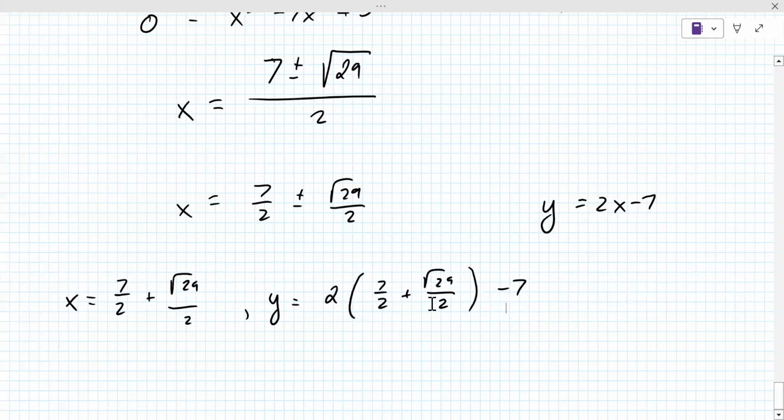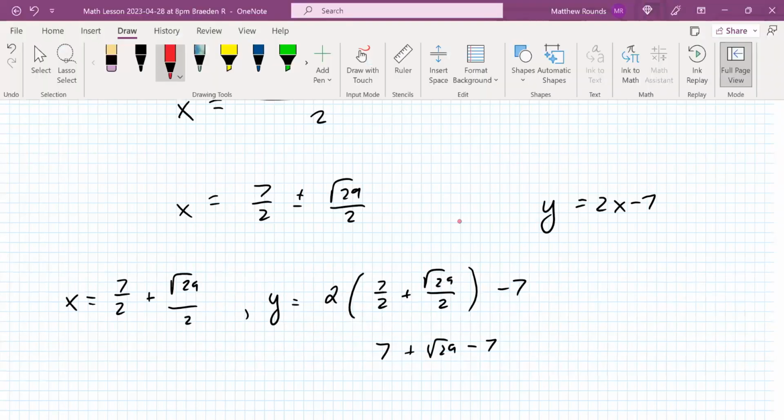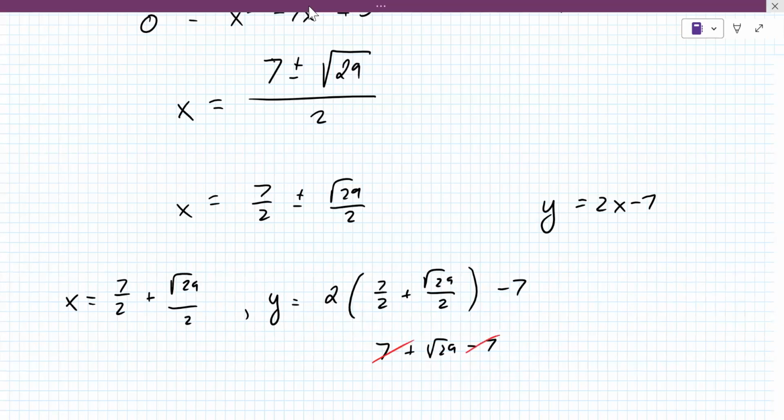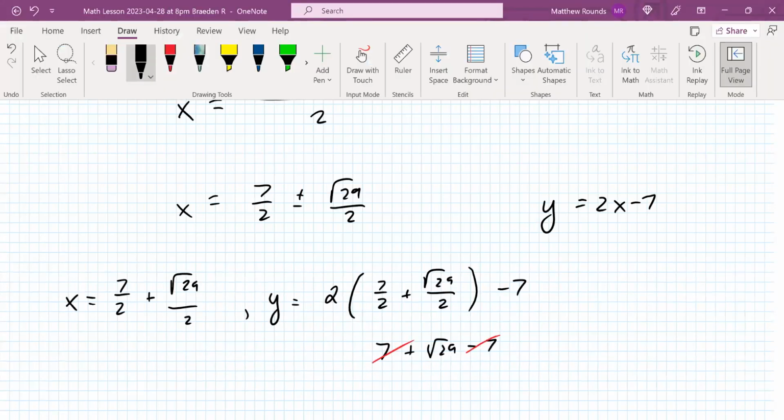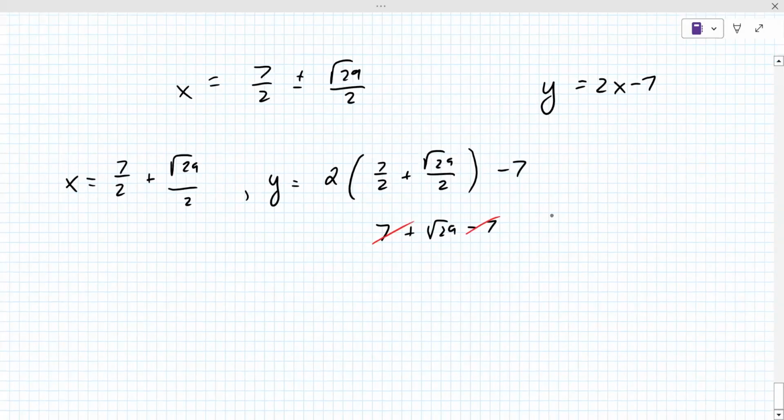The 2's cancel. So you're left with 7 plus the square root of 29 minus 7, which ends up being just the square root of 29. So your ordered pair for the first one is 7 over 2 plus the square root of 29 over 2, comma, the square root of 29.